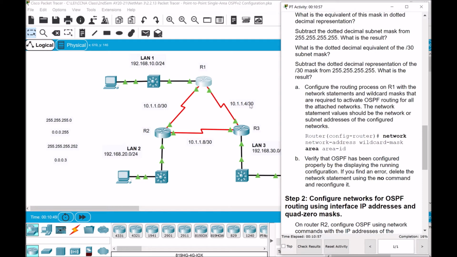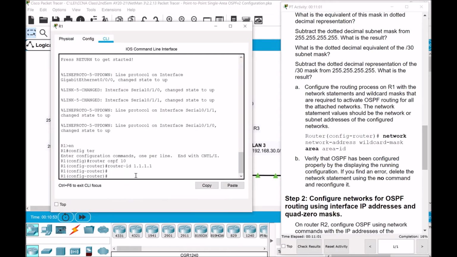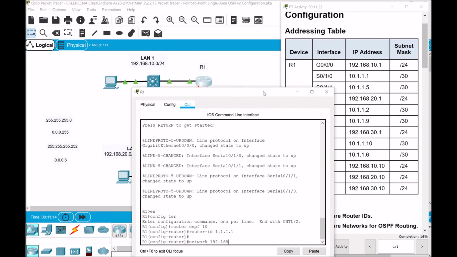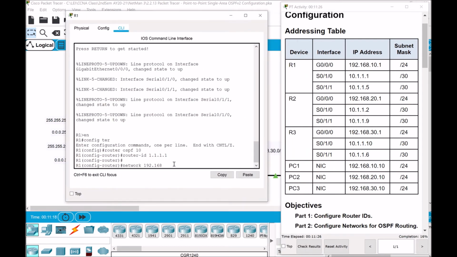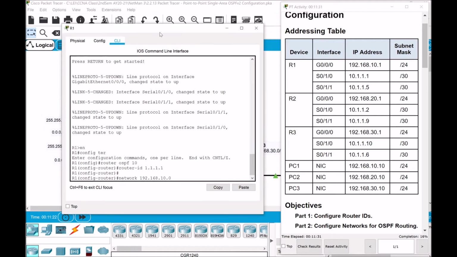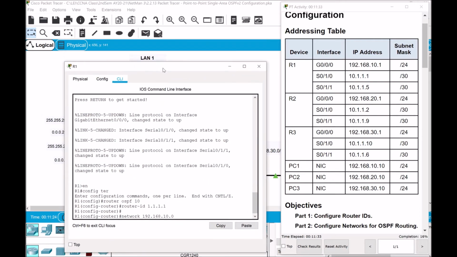So to do that, we type in network, and then the IP address, which is 192.168.10.0, and the subnet mask for that is actually /24.